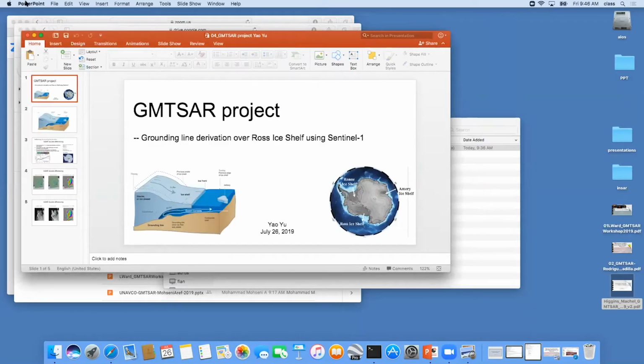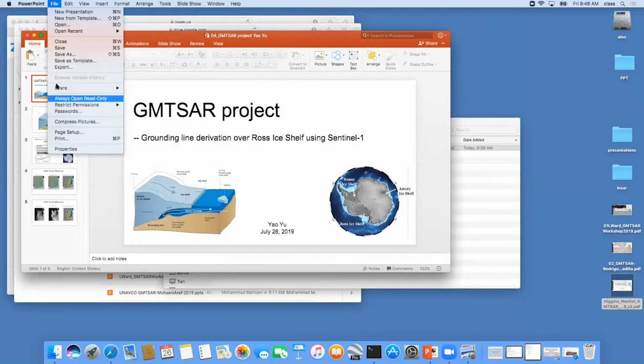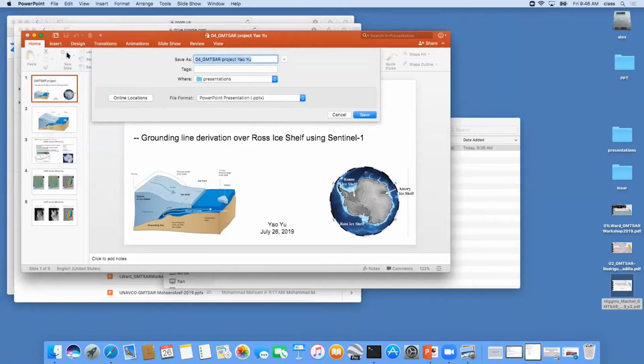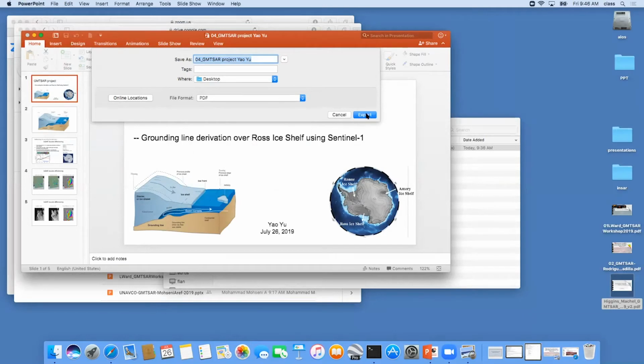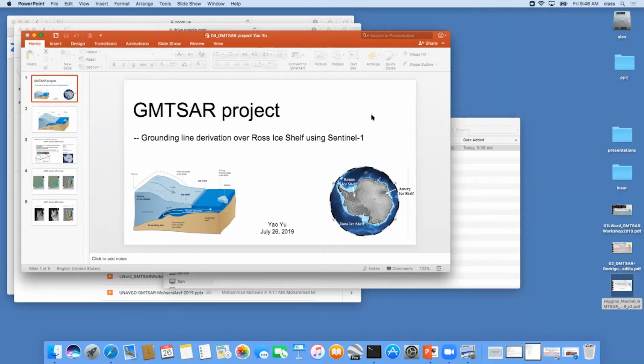So I'm going to make this into a PDF file so that you can show the whole screen. Or do you want to plug your computer in? No. Okay. All right. So Yao has sort of done this as a service for GMTSAR folks who want to do grounding line. This is not her real research project, but it's worked out pretty well.